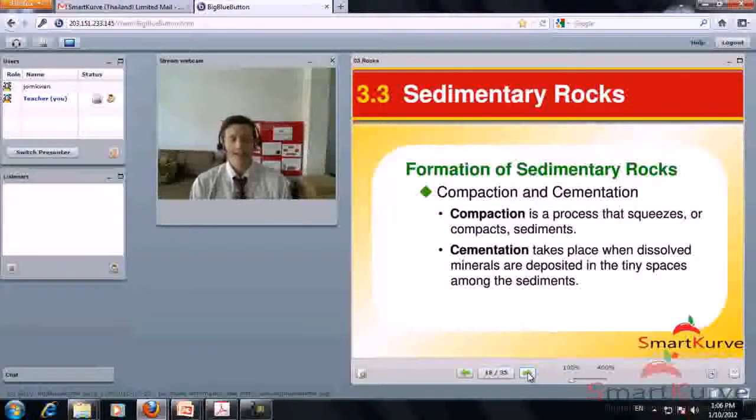On slide 18, compaction is that squeezing, that compacting, that crushing. Cementation is when those smaller particles fill in the space. Remember, I used the example of cooking chestnuts, and the very small coals fill in the space between the large chestnuts. That's cementation.